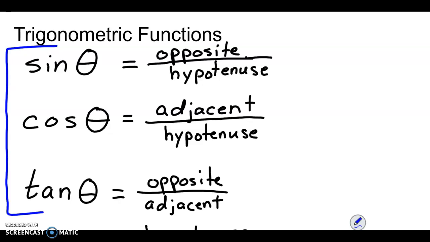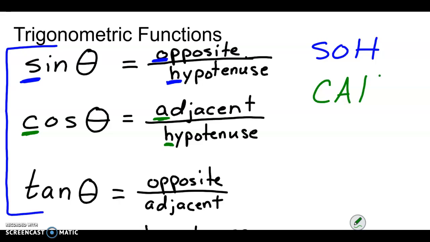Okay? Sine is the opposite over the hypotenuse. So cosine is adjacent over hypotenuse. You got the CAH for adjacent over hypotenuse. And then your tangent is opposite over adjacent, TOA, TOA.